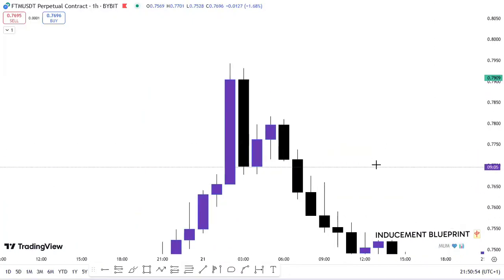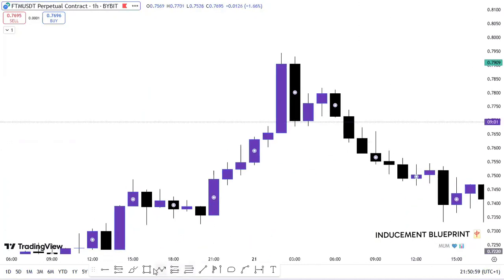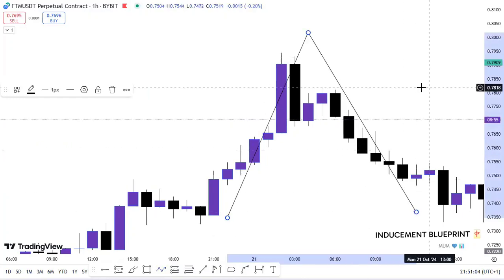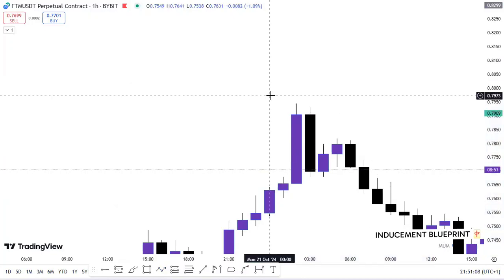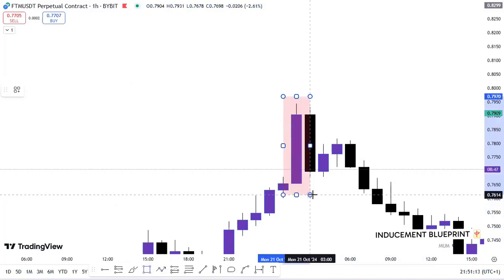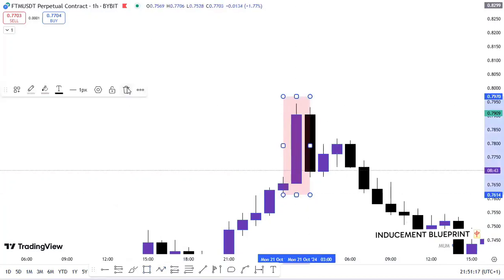Like I said, for a bullish pullback, there is always the highest candle at the tip. You guys can see we had a pullback here, forming something like this. Where's the highest candle here? It's this one, obviously.